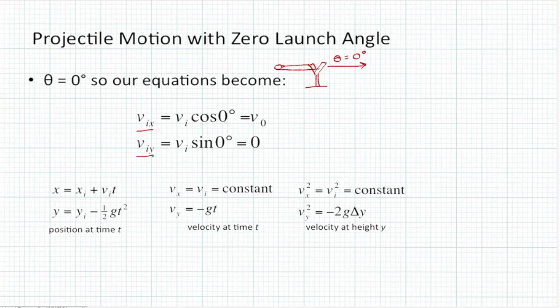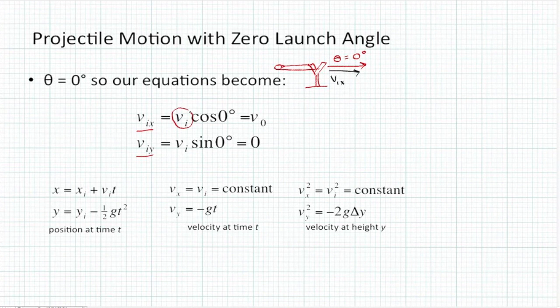So if we have zero launch angle, what does that mean about the initial x velocity and the initial y velocity? Well, the initial velocity in the x is what we have right here. That's the initial velocity of whatever direction it's pointing.